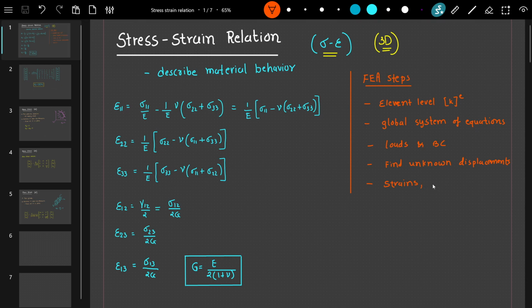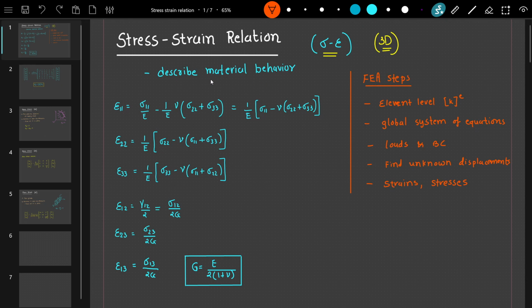Then once strains are known, we can calculate stress components. So let's see the relation between stresses and strains, so that we can compute stresses.